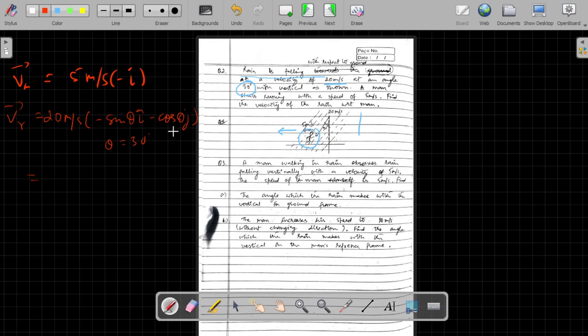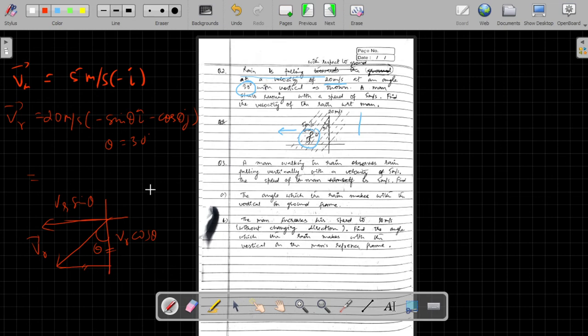So this i cap and j cap and sine theta and cos theta we can write by drawing the velocity vector, and let's say this angle is theta. Then this particular component is Vr sine theta, the component in front of theta, and the component with theta is the cos theta component, that is Vr cos theta.